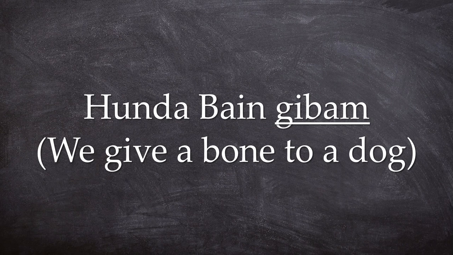We can put it all the way at the end, and it has the same exact meaning. The meaning of this sentence does not change at all, because we know that the verb is giban and it's in the first person plural, gibam. We know that hunda means to a dog, so it's the recipient of the thing that is being given, which is the bone, ben. So in Gothic, free word order is pretty common, and you can use whatever word order you like. It's nothing to be afraid of.